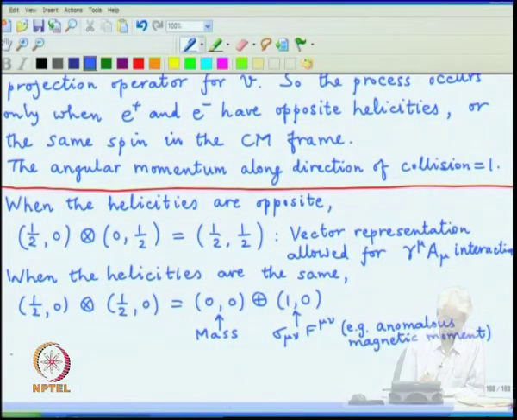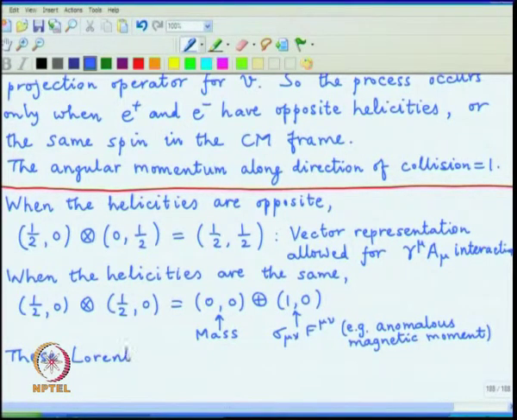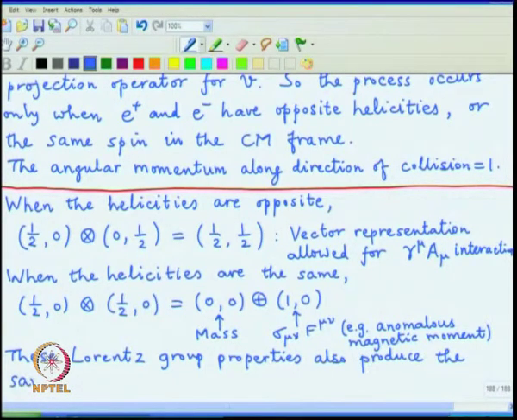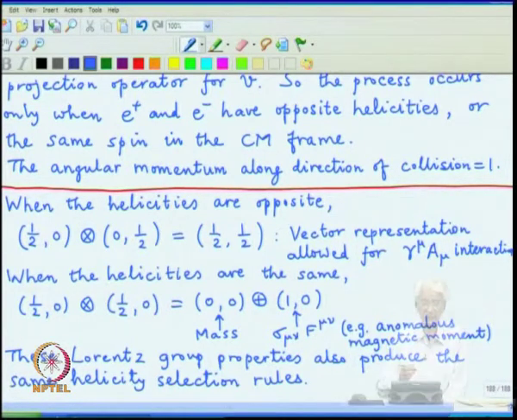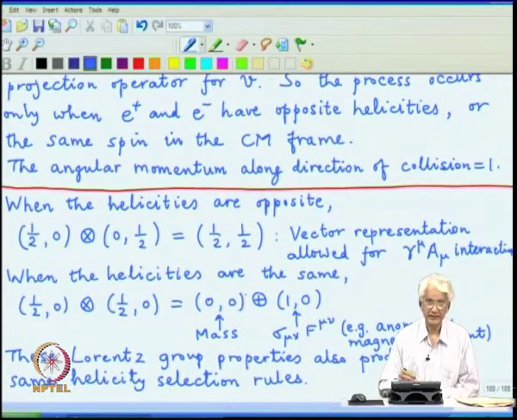So, this produces the same selection rules, and we will see these features explicitly in the computation of individual terms.